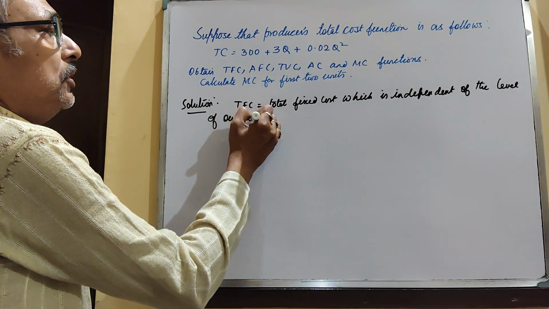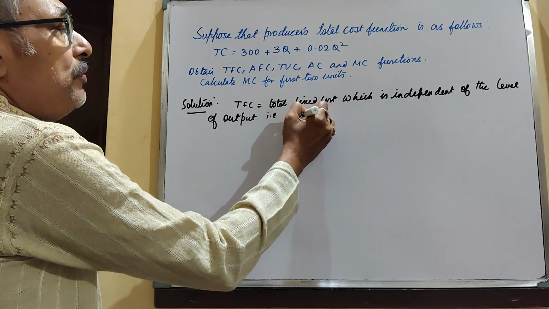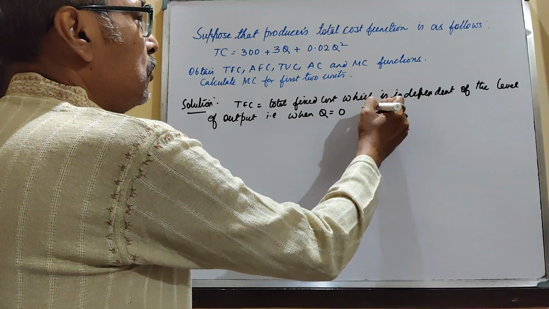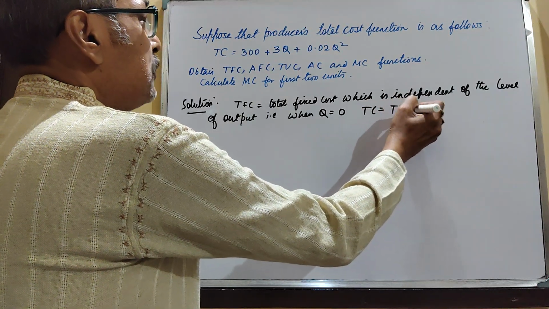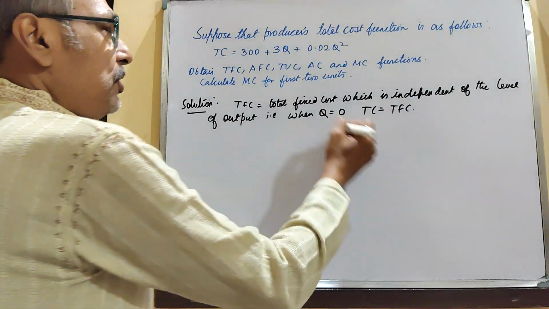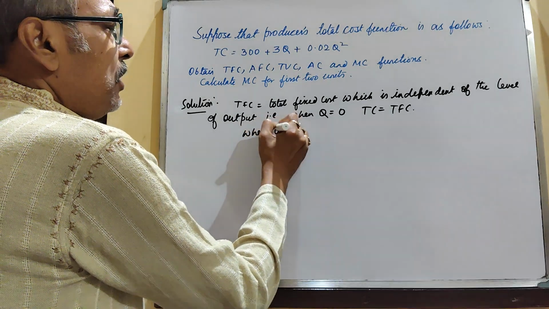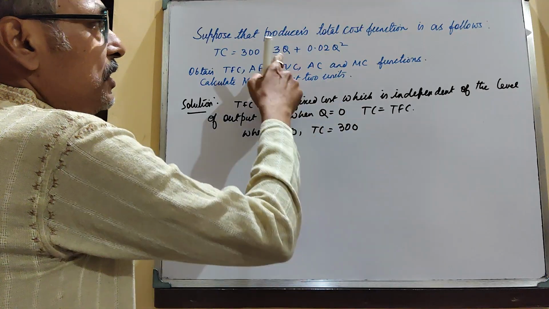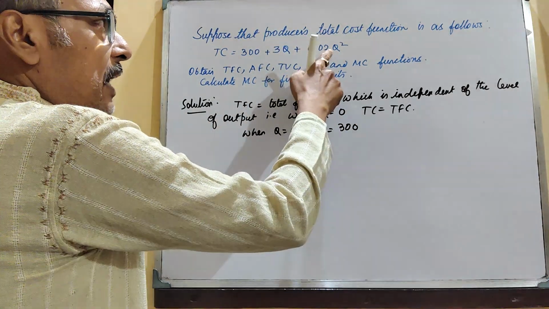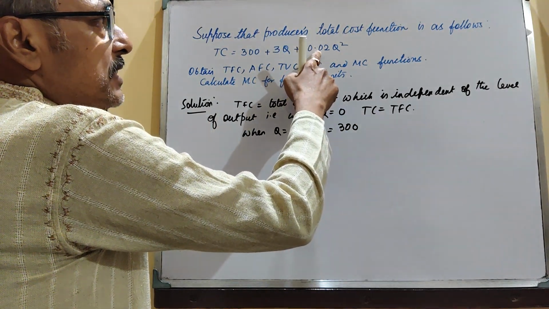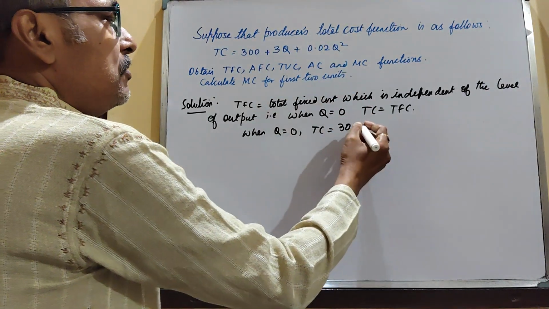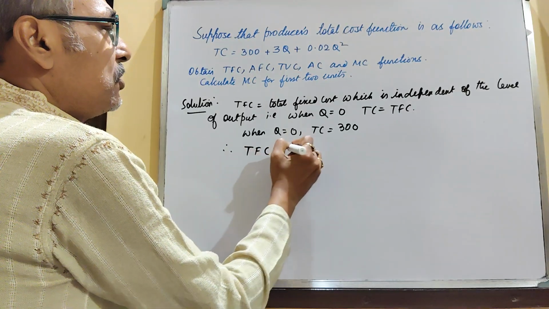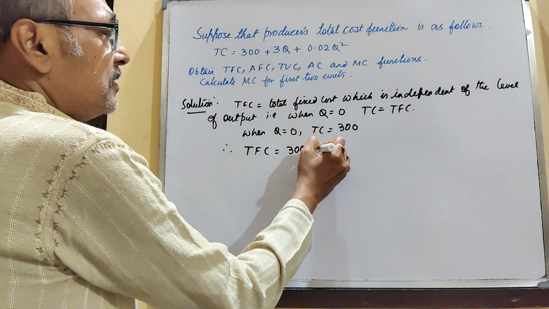That is, when Q equals 0, where Q is output, TC equals TFC, total fixed cost. When Q equals 0, TC equals 300, since 3 into 0 is 0 and 0.02 into 0 squared is also 0. Therefore, TFC, total fixed cost, is 300 units.